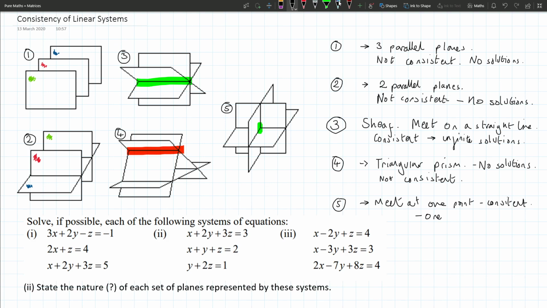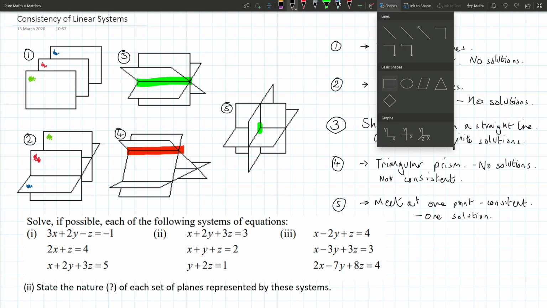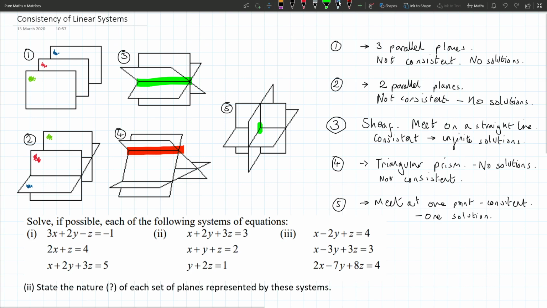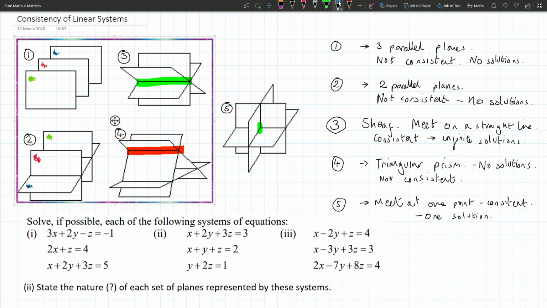And there's one solution. There's one coordinate in space that exists as a solution to this. So it's important to note, if I think about these 4 cases that I've just put a box around here, if we represent these sets of equations as a matrix, this would have determinant 0.